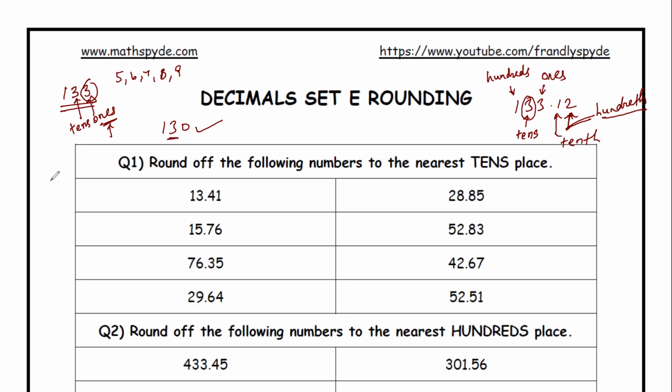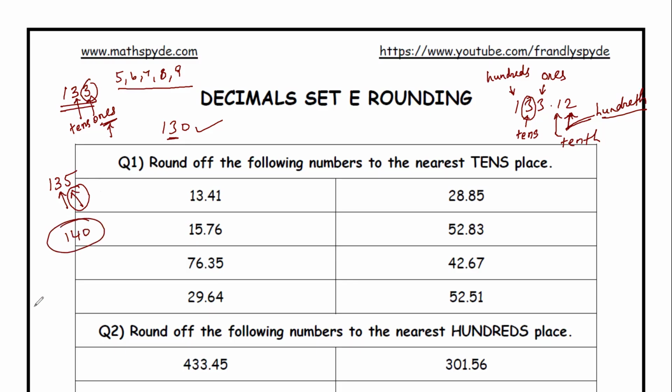However, if it was 135, and I ask you to round off to the nearest tens place, because the ones place number is one of these 5, 6, 7, 8, or 9, it becomes 140. Got it?